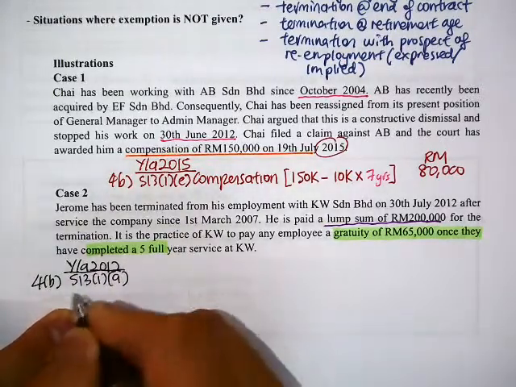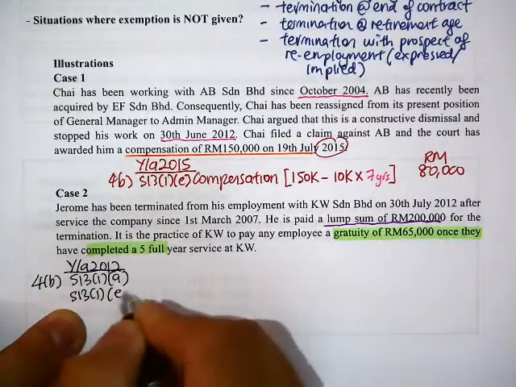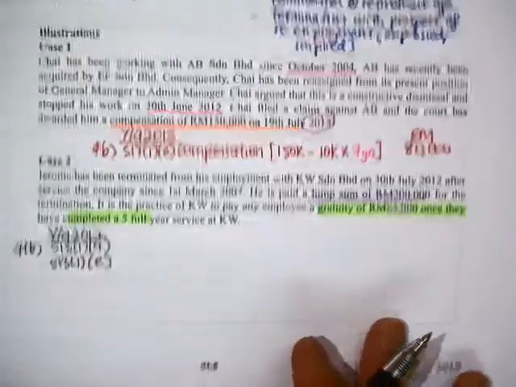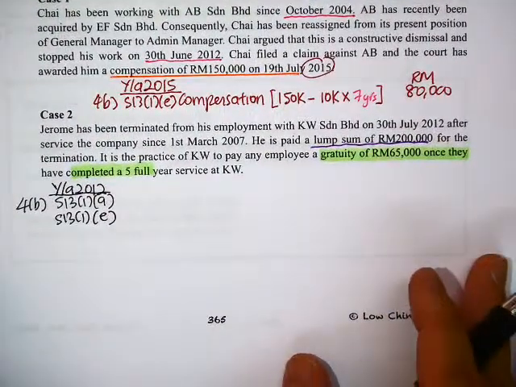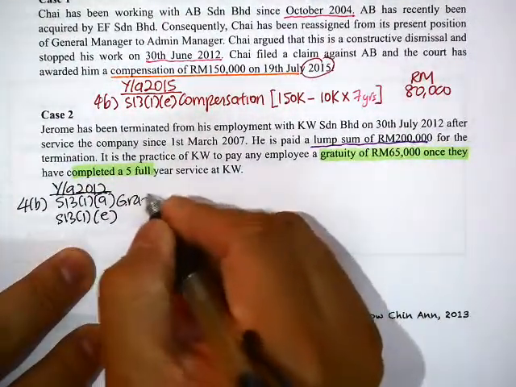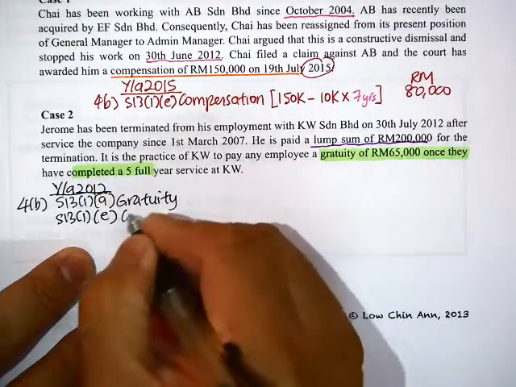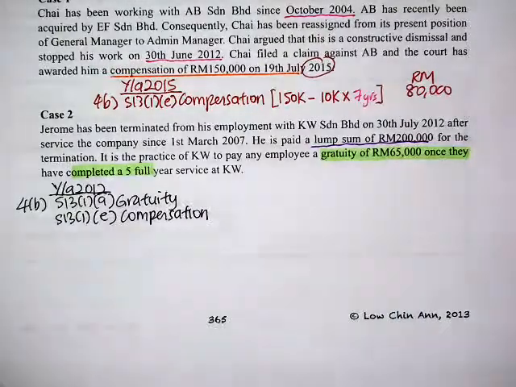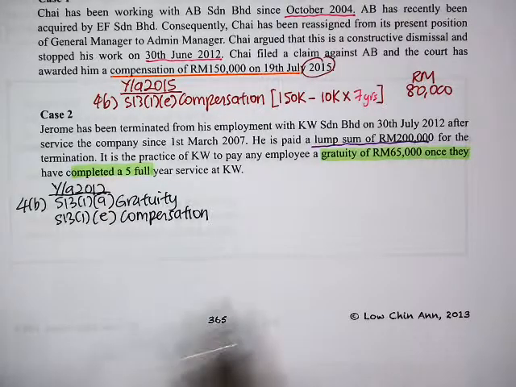Okay, one is A, one is E. Gratuity, compensation. Now do me a favor, you fill in the amount for me.